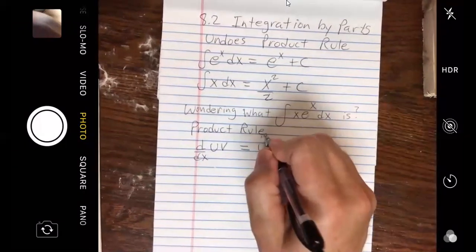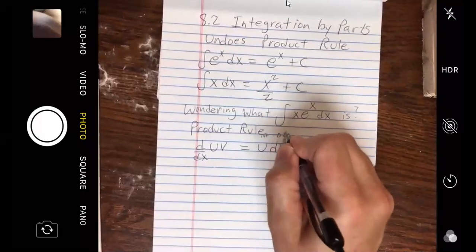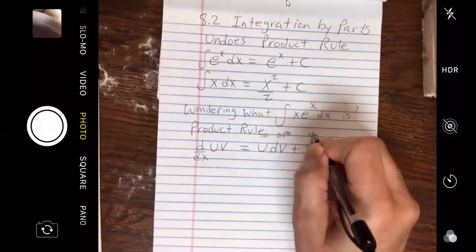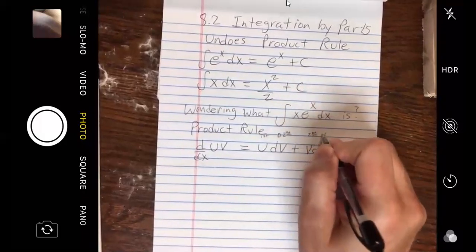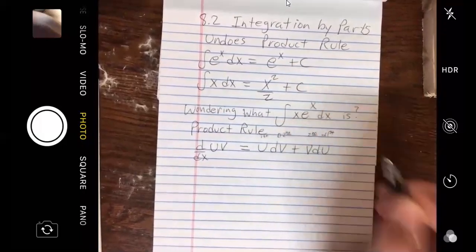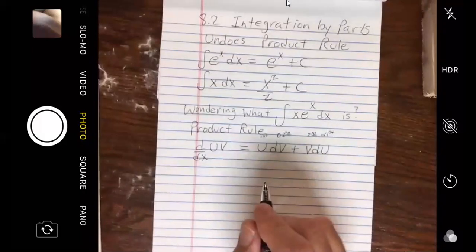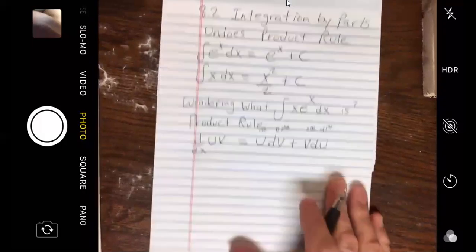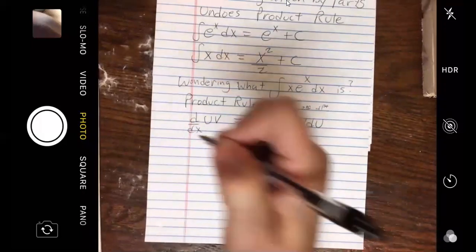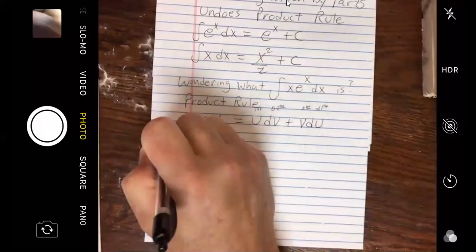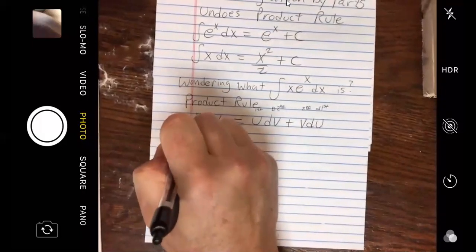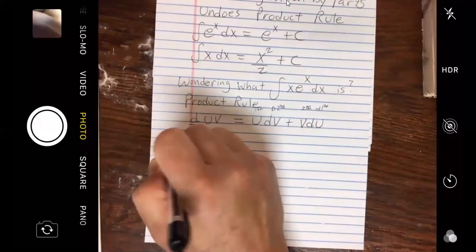Remember, you're listing first, d second, plus second, d first. Does this ring a bell? Product rule for derivatives. Everybody's gone silent. Yeah, I remember this, yes, from Calc 1. So take the integral of both sides.